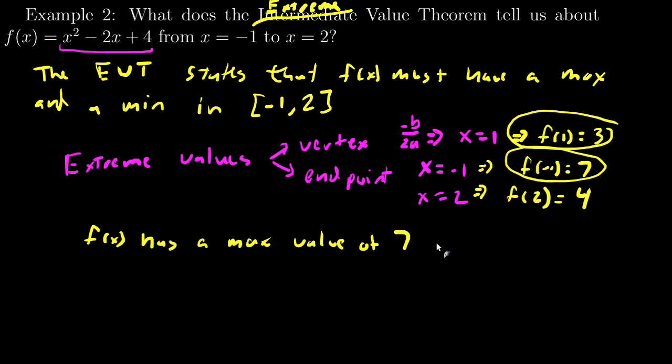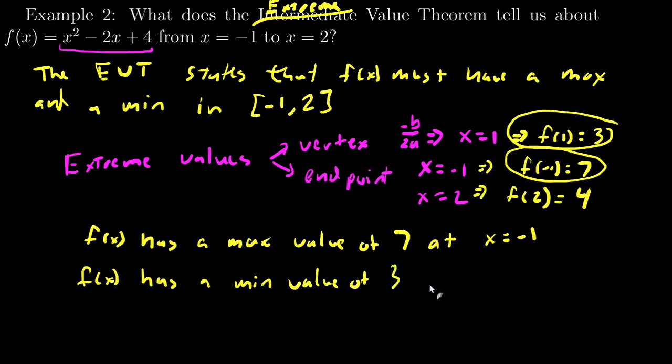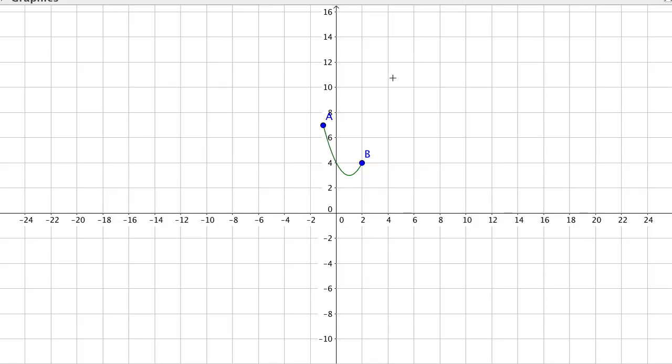And I like to be very specific at x equals -1, and f of x has a minimum value of, the lowest value is 3, at x equals +1. And looking at that graph, you can see, yeah, at -1 we were up here at 7. At +1 we were at this lowest point at 3. I don't want to come back up here. This one isn't the lowest up here.